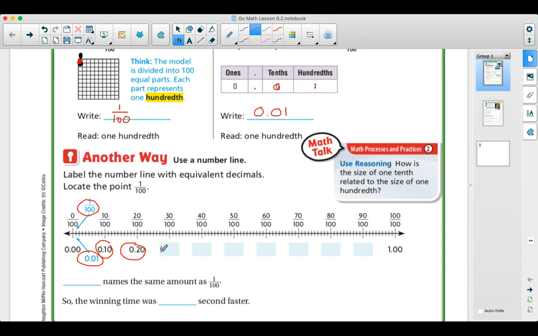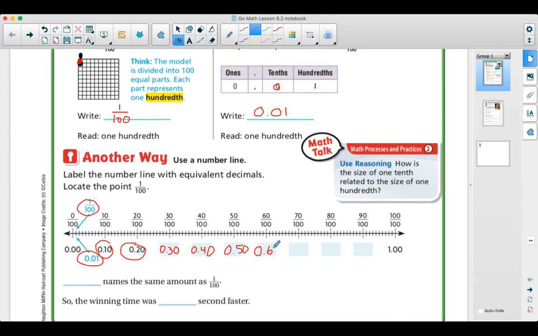30/100ths is 0 ones, 0.3. That now says 3/10ths. Now this says 30/100ths. 40/100ths, 0.40. That's 40/100ths. 50/100ths, 60/100ths, point.